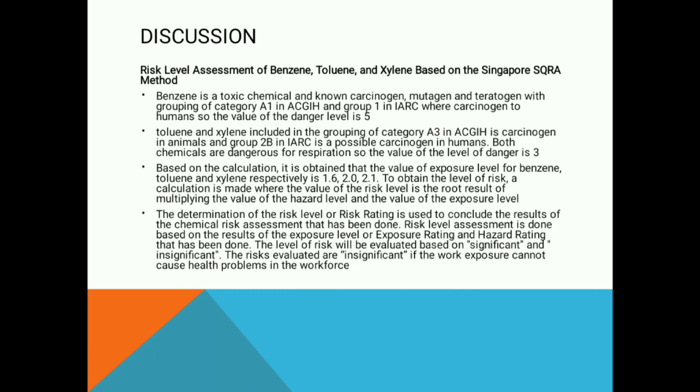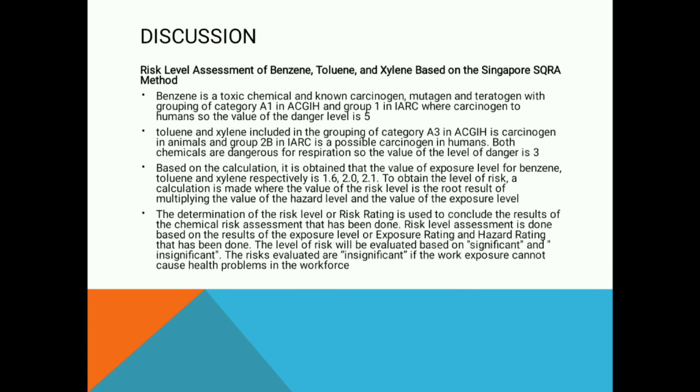Toluene and xylene are included in category A3 in ACGIH, carcinogen in animals, and group 2B in IARC, possible carcinogen in humans. Both chemicals are dangerous for respiration, so the value of the hazard level is 3.